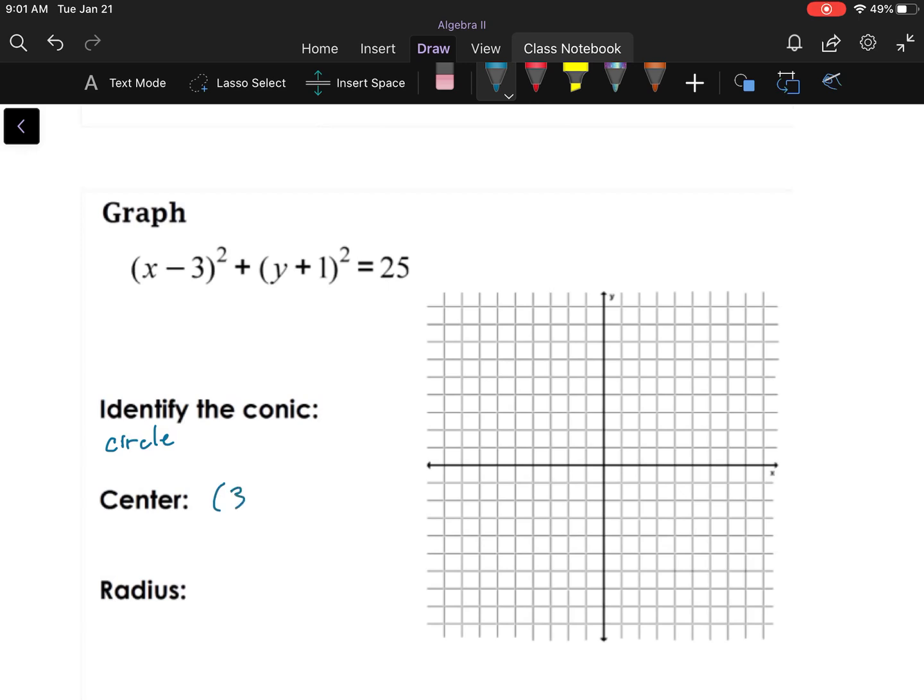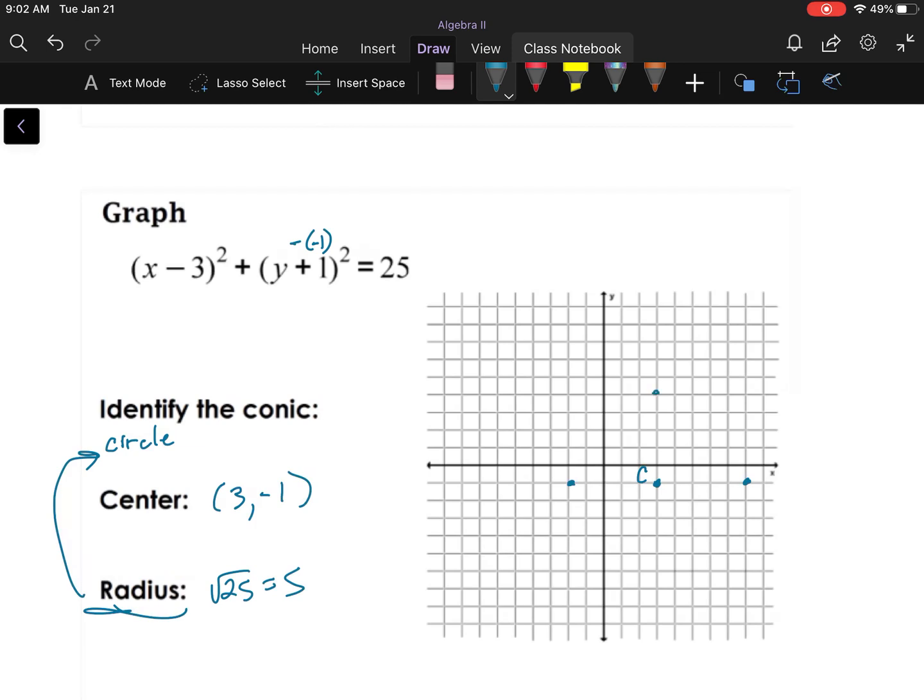The center is at 3, and careful, it's y minus k, so y minus a negative 1, so 3, negative 1. And the radius, oh yeah, that's probably the dead giveaway that the conic's a circle, because it's the only one, would be 5. So over 1, 2, 3, down 1, there's my center. And we'll go from there 1, 2, 3, 4, and 5. Or to the left 1, 2, 3, 4, 5.